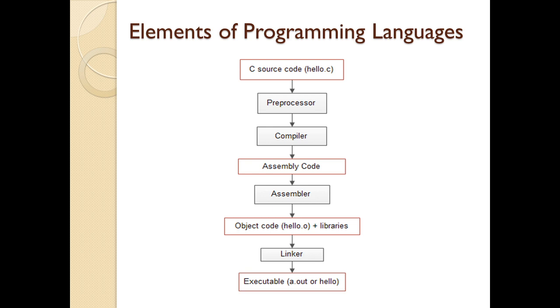Then this object code is linked to executable files with the help of the linker, and the executable file is a.out or hello. So your file will be executed with some other extension, but whenever you get the output, it will be of your original file, that is hello.c.